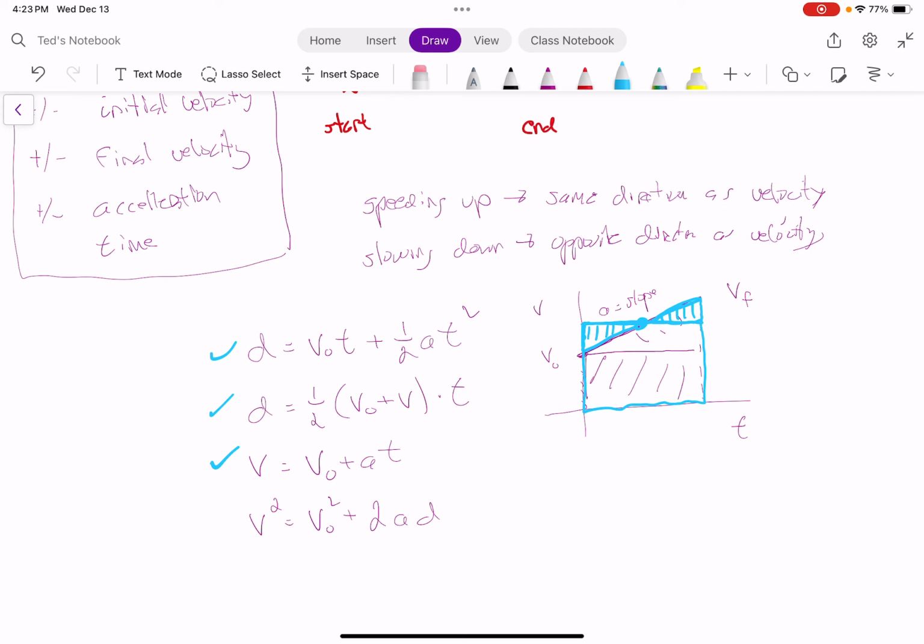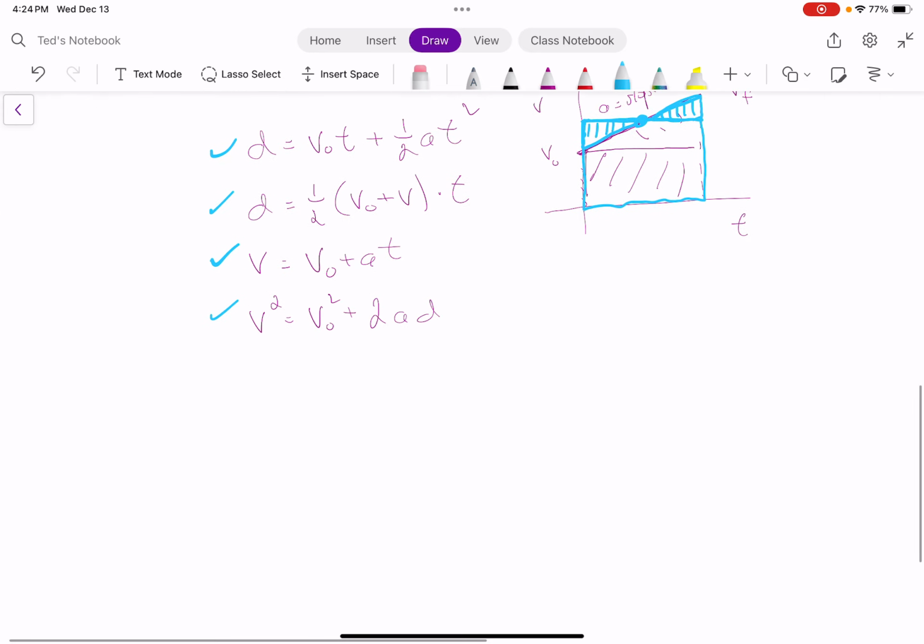So that graph can actually explain all 3 of those equations, and then we're just left with this last one, which we can't explain from the graph, but we can get some help by looking at the units. Velocity squared has units of meters squared per second squared.